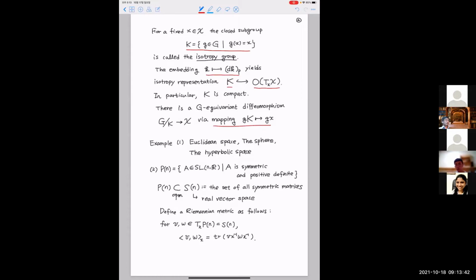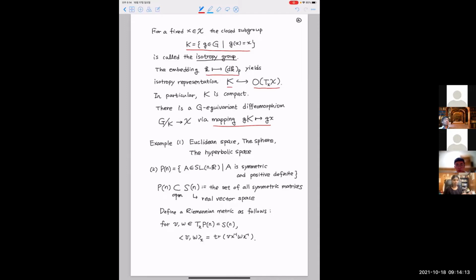The second example is the one we are interested in, and it also gives interesting properties. This is the set of symmetric positive definite n by n matrices in SL(n, R). This space is actually a symmetric space.